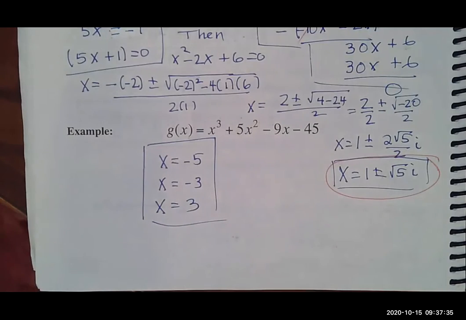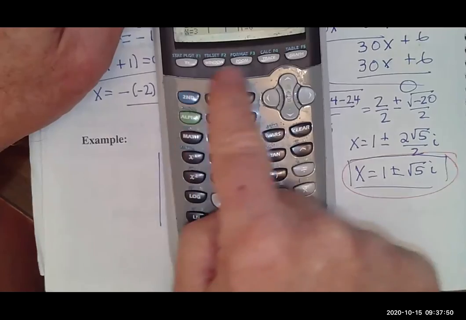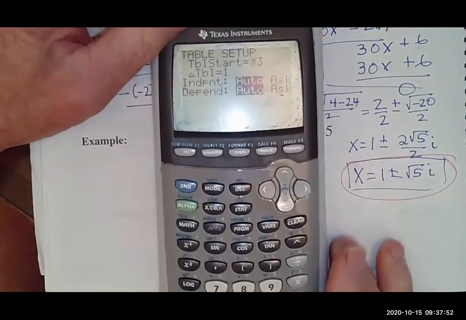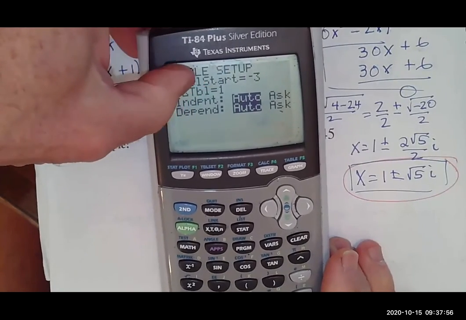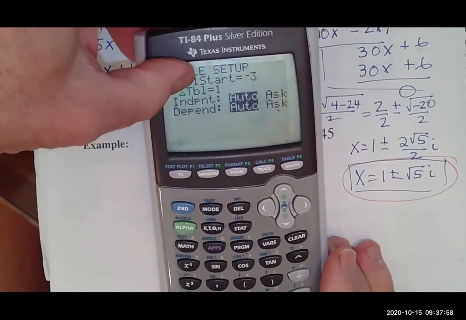So, good idea. Could have bypassed all the extra pressing the buttons, and if you have set up your table, which probably all of you have, where it jumps by increments of 1. Here, I'll show you. That little triangle means delta.